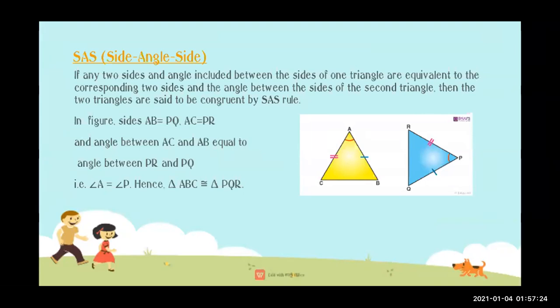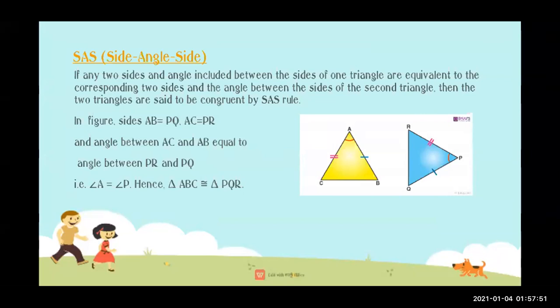See, you have to see the figures. By observing the figure, you can know which type of test it is. First, it was side, side, side: all the three sides of a triangle are equivalent to those of the second also. Now in the second one, it is side, angle, side.